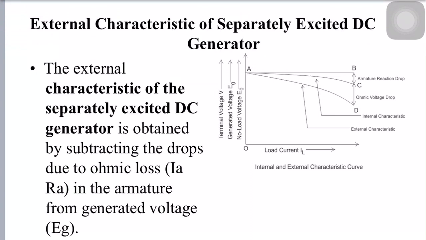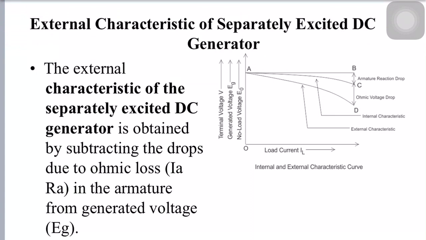Here, if you observe, the AD line in the diagram below indicates the change in the terminal voltage V with increasing load current. In the figure, we can observe that when load current increases, the terminal voltage decreases slightly.